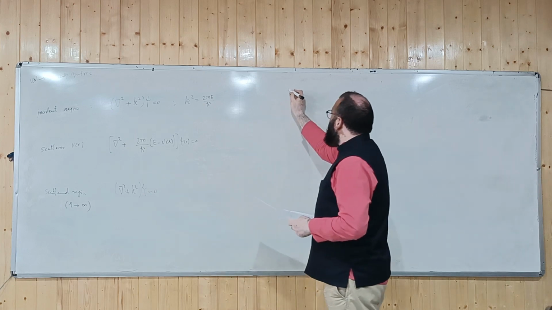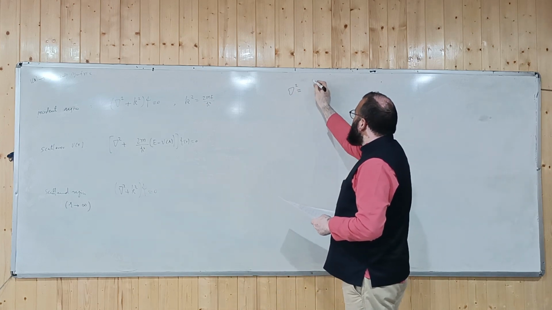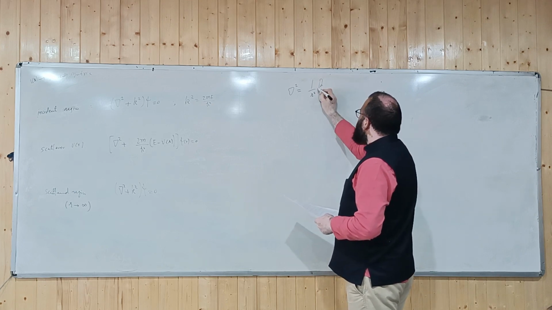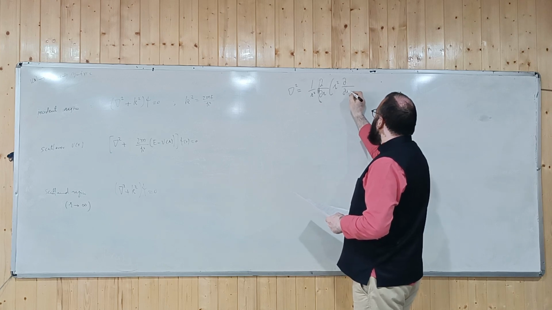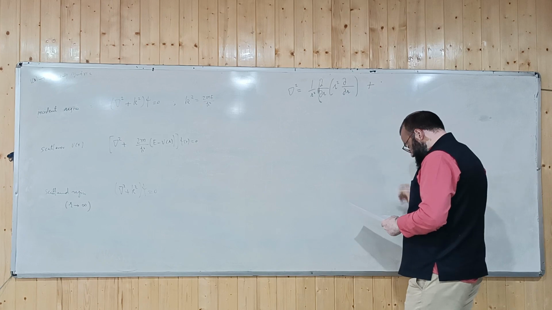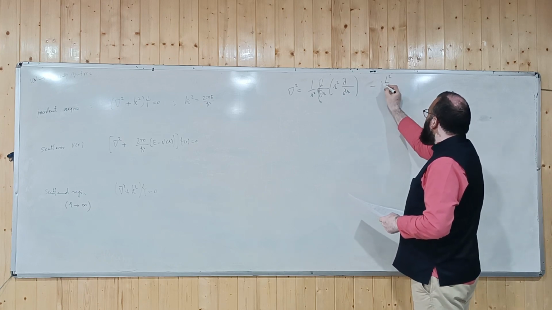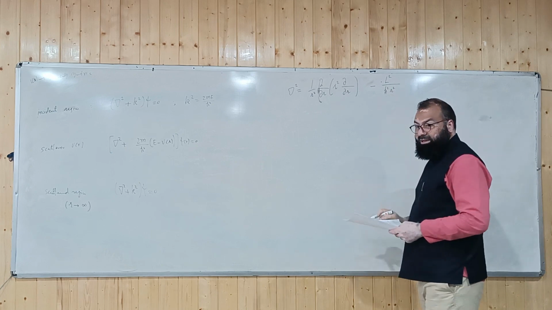What is our nabla squared in spherical polar coordinates? Anybody? 1 by r squared, partial by partial r of r squared partial, plus 1 by r sine theta, minus L squared divided by h cross squared r squared, where L is the angular momentum.